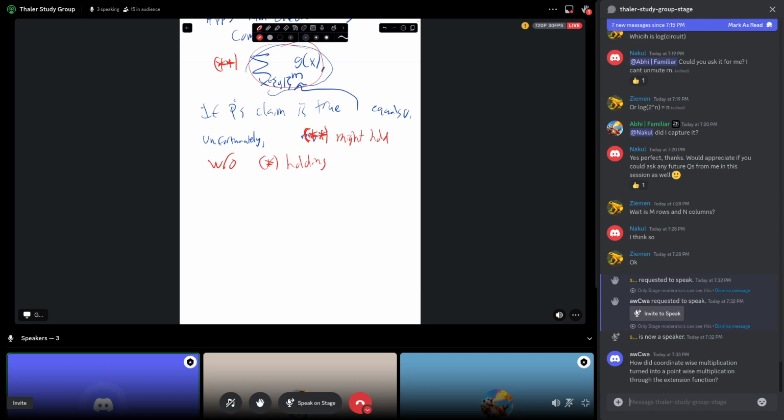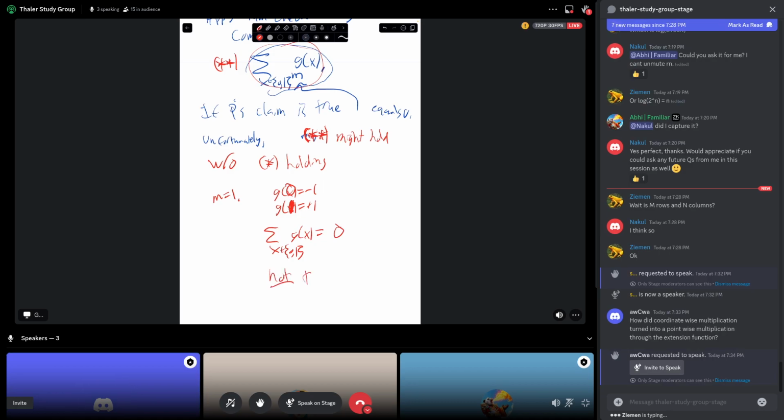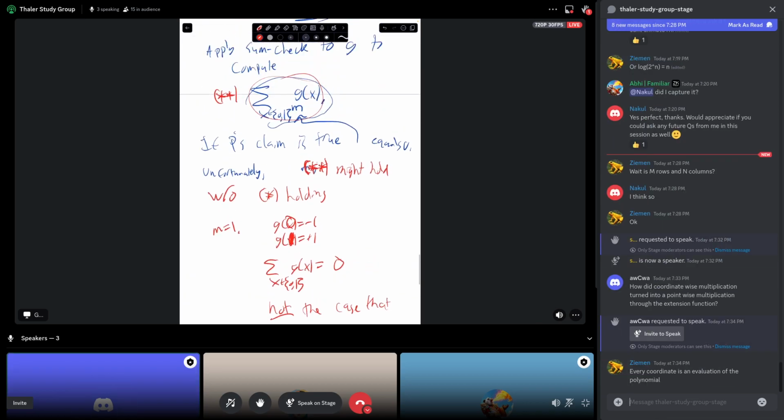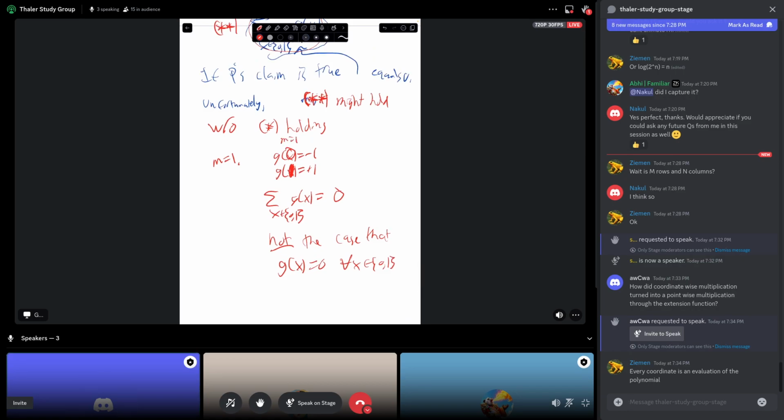If m equals 1, you could have g of 0 equals minus 1 and g of 1 equals plus 1, and then the sum over all x of g of x is 0, and yet it's not the case that star holds.